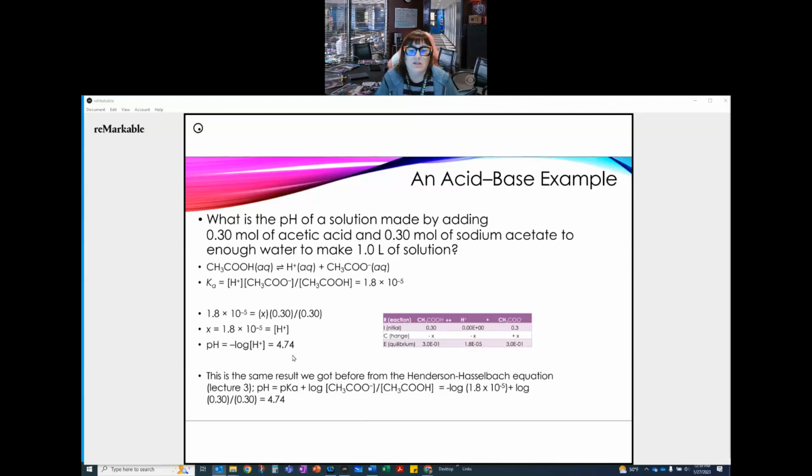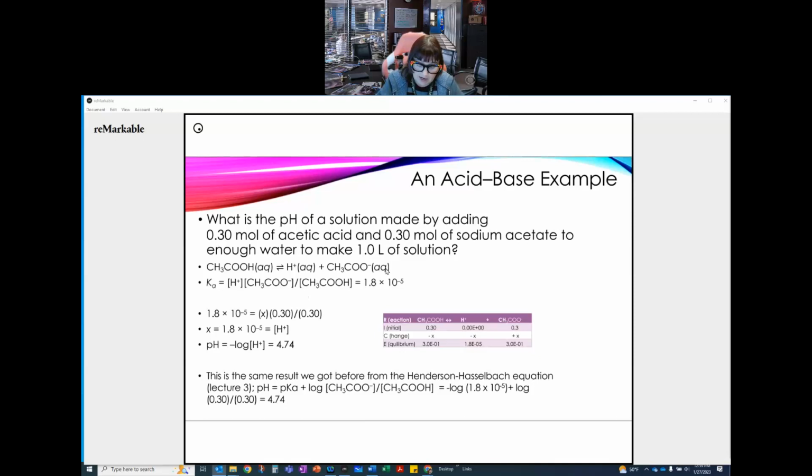Let's talk about that. So what is the pH of a solution made by adding 0.3 mole of acetic acid and 0.3 mole of sodium acetate to enough water to make 1 liter of solution? So we're looking at the same equilibrium. We have that CH3COOH aqueous coming apart to give me H plus and CH3COO minus.